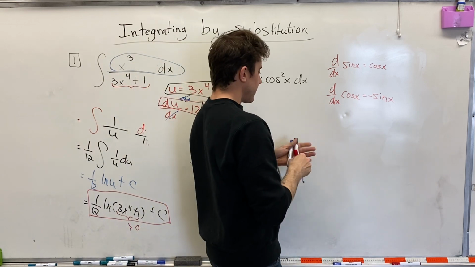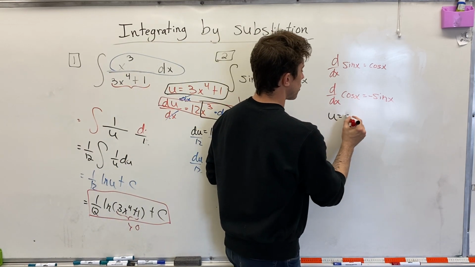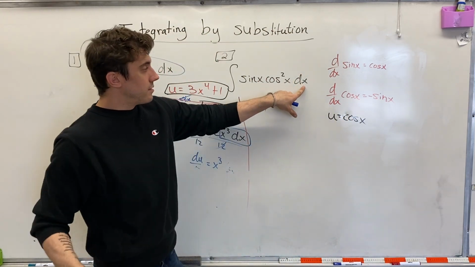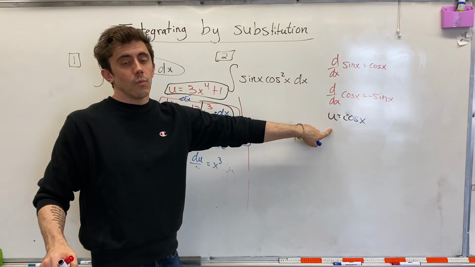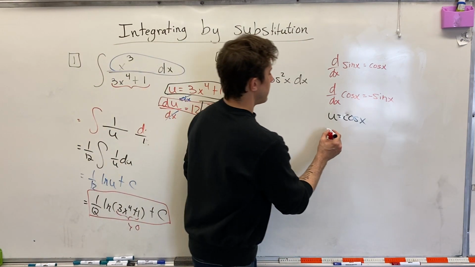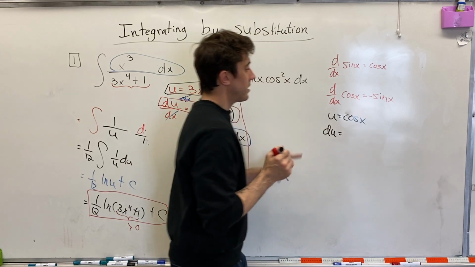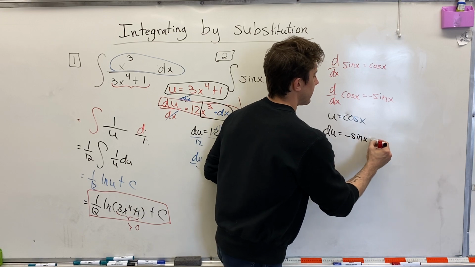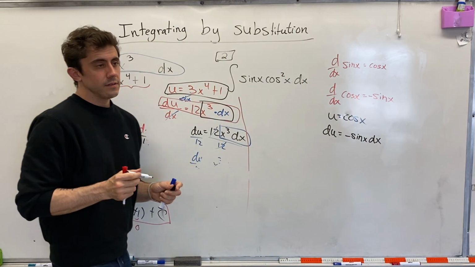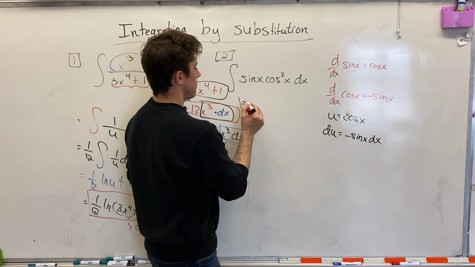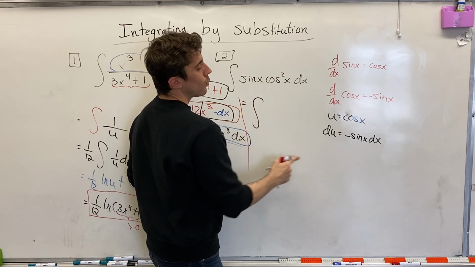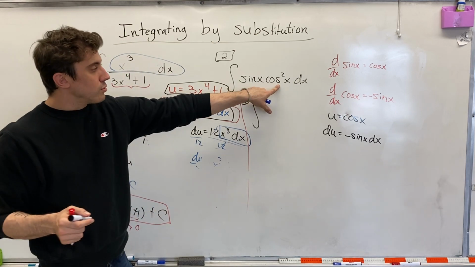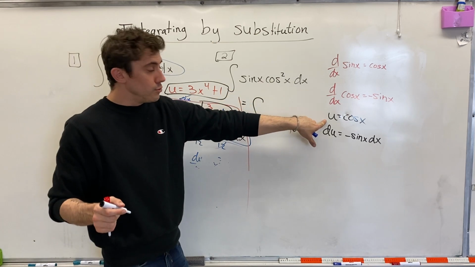So if I go ahead and make that substitution of u equal to cos x, okay, then we need to consider what dx is going to become when it changes to du. And so du is going to be the derivative of cos x, which is negative sine x dx, okay? Now, if I attempt to write this new integral with respect to u, cos squared x is going to become u squared, right?